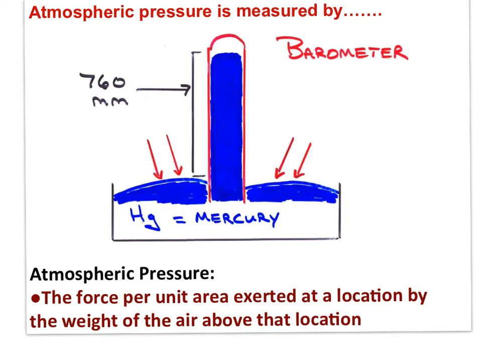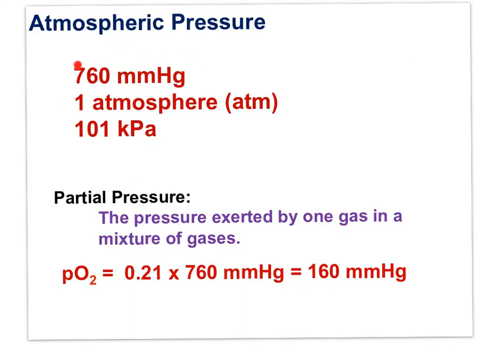This would be the pressure of the air, measured at 760 millimeters of mercury. 760 millimeters of mercury is the atmospheric pressure at sea level, and that's equivalent to 1 atmosphere or 101 kilopascals. These are all different pressure units.